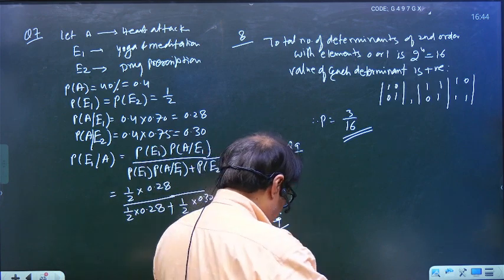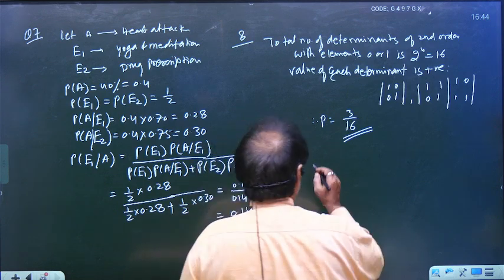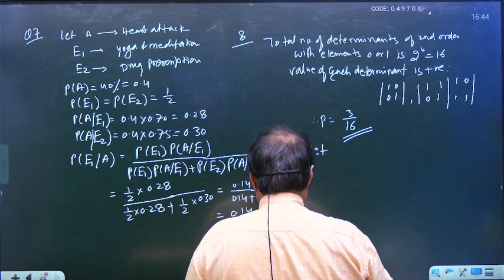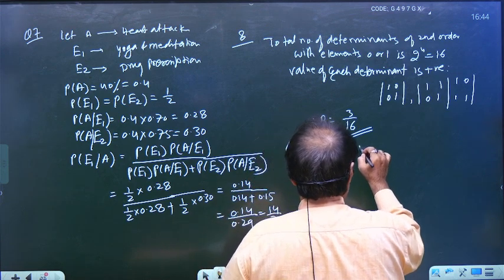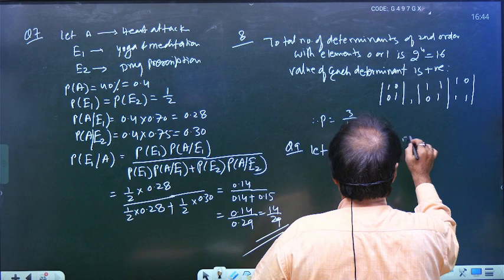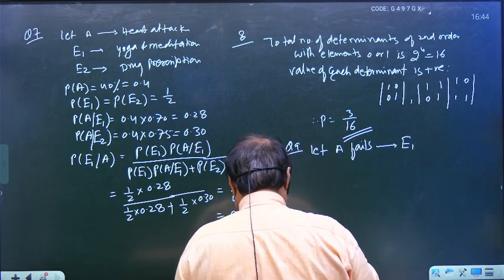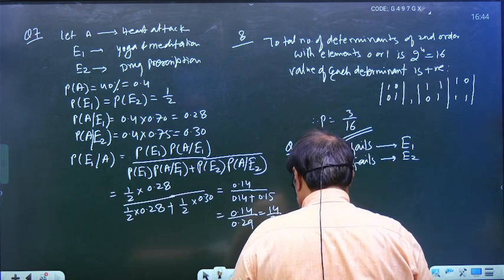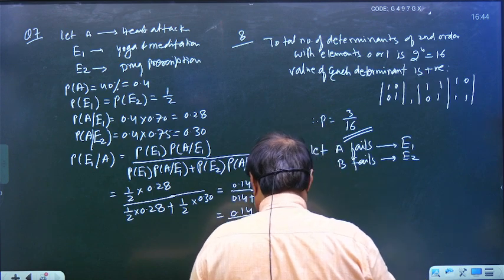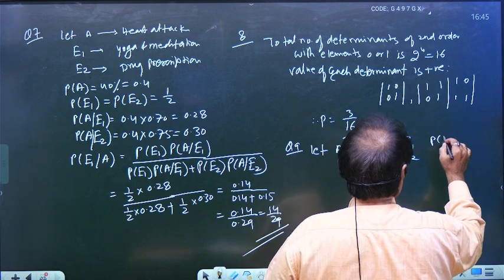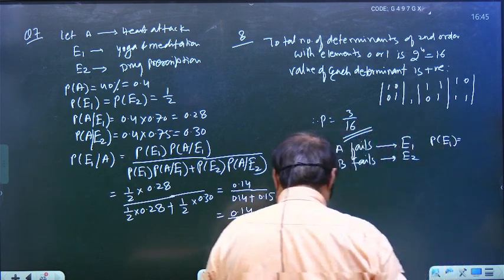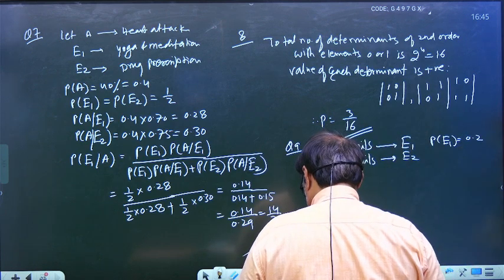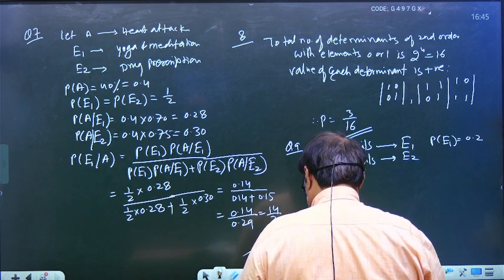Okay, so question number 9. Let A fails be E1 and B fails be E2. So probability of E1 is given 0.2.